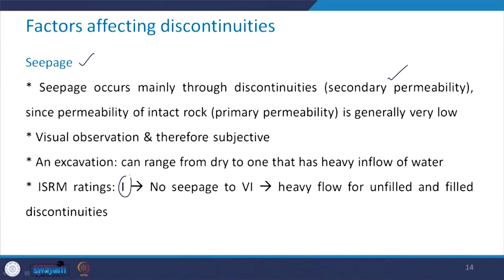So in an excavation, it can range from completely dry to one that has heavy inflow of water. ISRM rating has been given. Rating 1 is for the no seepage condition, up to rating 6 for heavy flow, for unfilled and filled discontinuities.